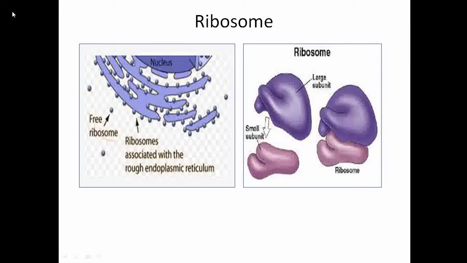So these are rough endoplasmic reticulum. In the second diagram, you can see the structure of the ribosome, which has two subunits. One is the larger subunit and the other one is the small subunit. So these two structures are the ribosome structures, or they are subunits of the ribosome.